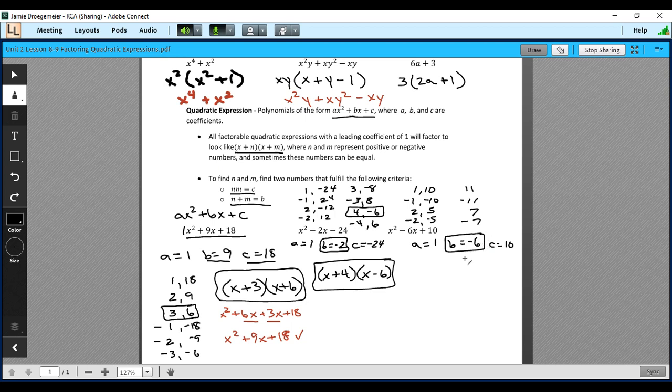So for this particular one, we would say that we can't factor it. It's not factorable. As we move on later in this unit, in this semester, we will see how to deal with those particular ones where we aren't able to factor them.